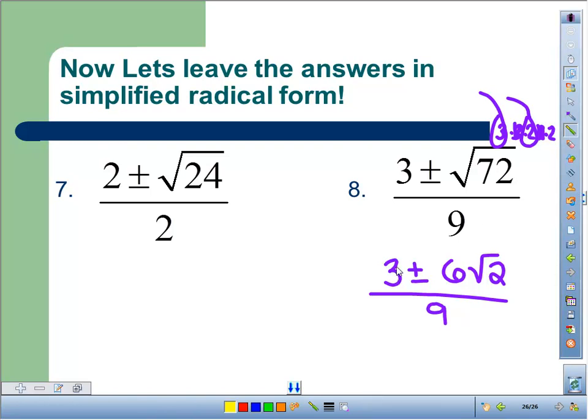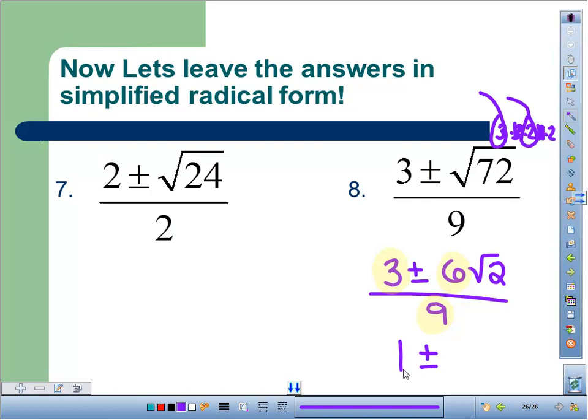Again, we are looking at the numbers. This one, and this one. A number has to go into all 3 of those numbers evenly in order for us to reduce this fraction. Is there a number that goes into 3, 6, and 9? 3. 3 goes into 3 once. That means put a 1.